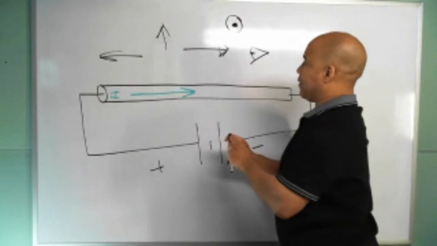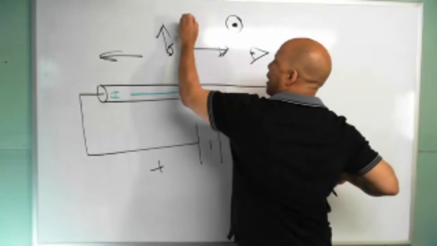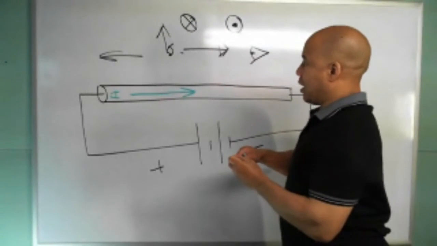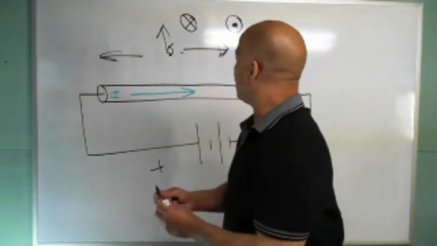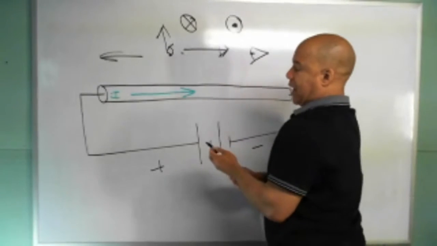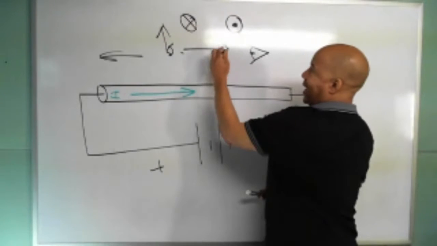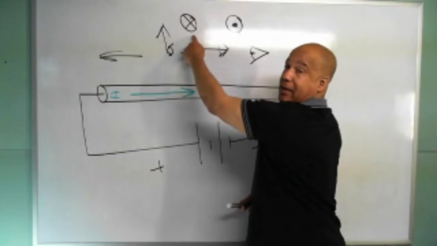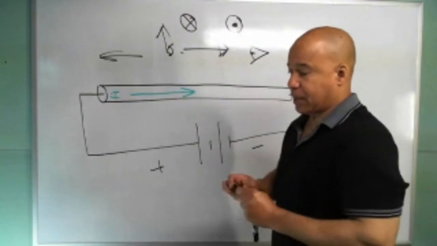If you're looking at the other end, so if your eyeball is over here, the way I'm going to draw it is like that. So now I can show direction in the plane of the board with these arrows, but I can show something coming out of the board at you with that, or going into the board away from you with that.